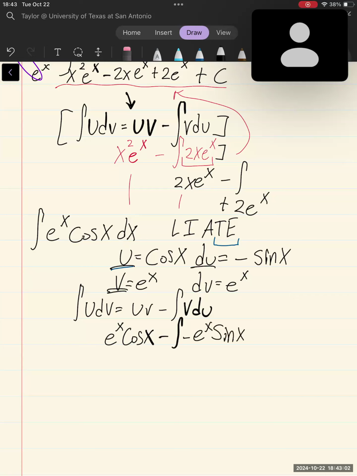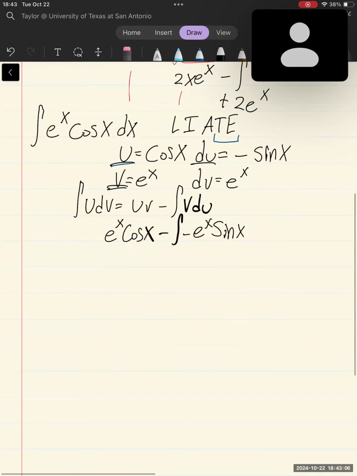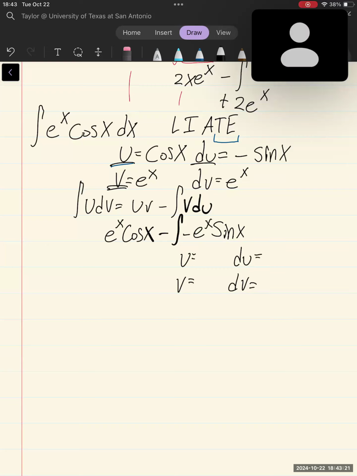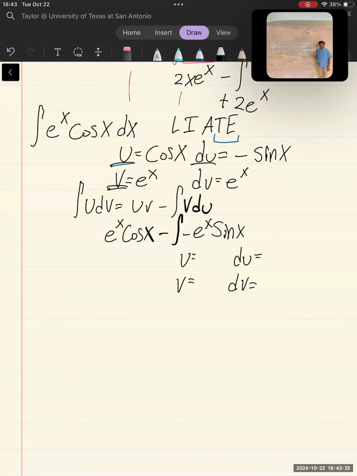All right. So what's next? What do we do next, guys? We have another integration by parts. So how would I set this part up? I have u, du, v, dv. What is my new u term and what is my new v term? Cool. Sine. Negative sine x.